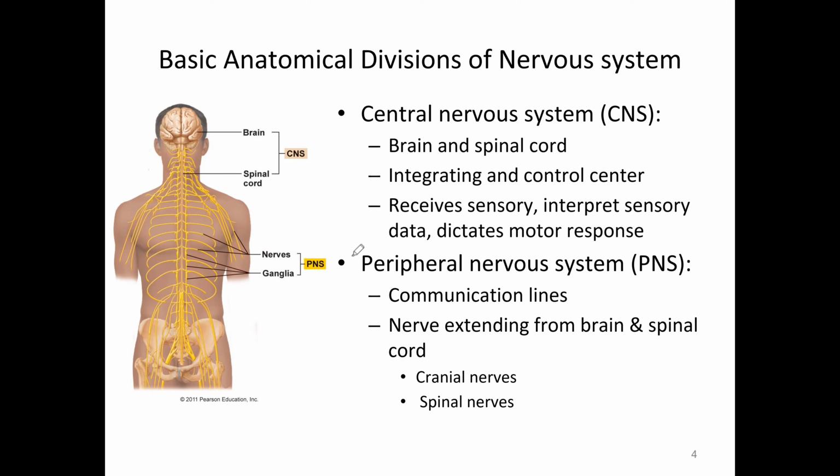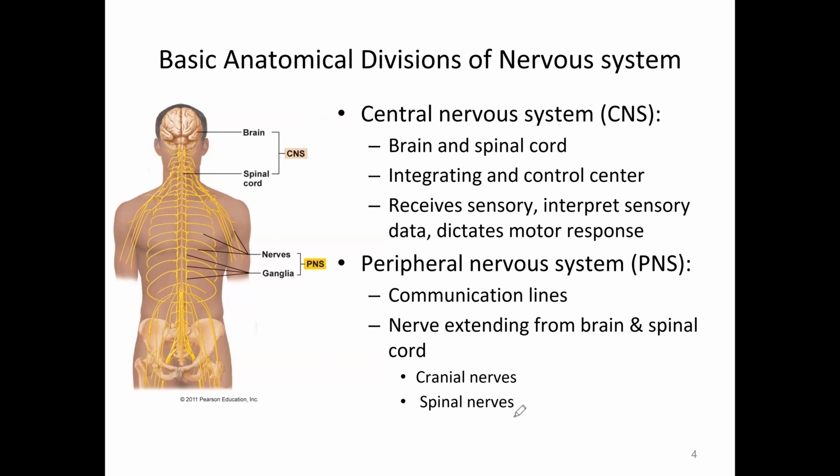And the second part of nervous system is PNS, or peripheral nervous system. This one works as communication lines and includes a nerve that extends from brain, right? And we call it cranial nerves, and nerve that extends from the spine, from spinal cord, and we call them spinal nerves, right?